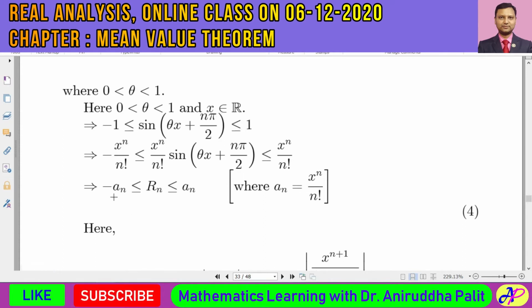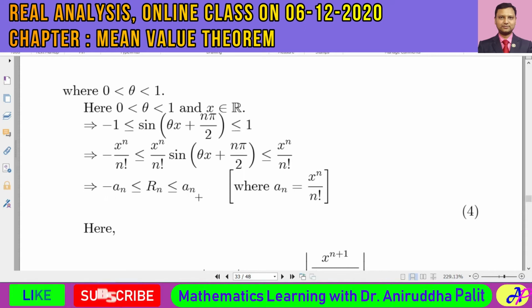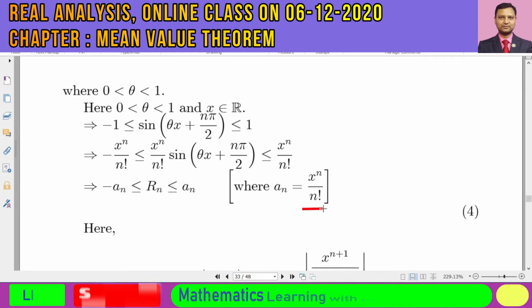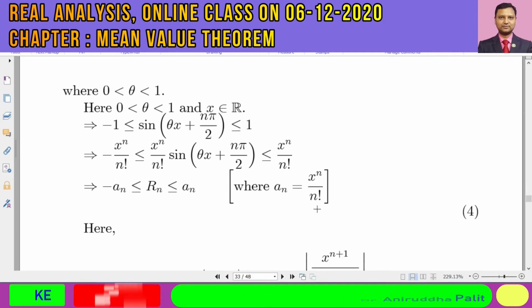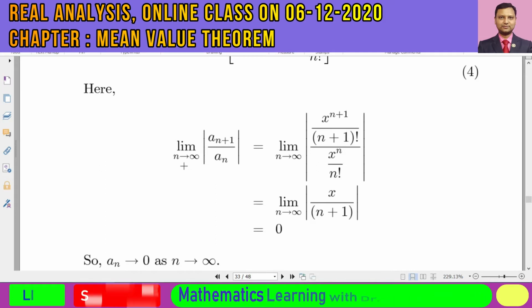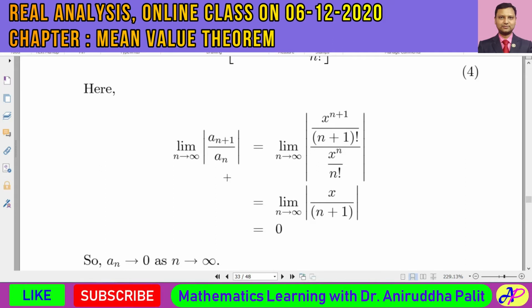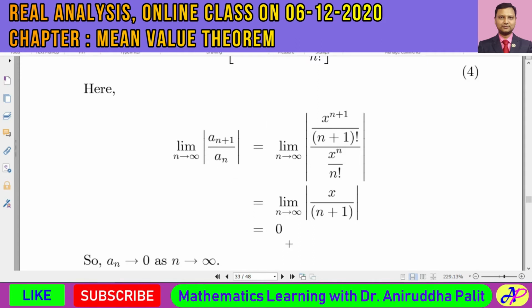So we can write this left hand side as equal to minus an, and the right hand side is equal to an. An is equal to x to the power of n by factorial of n, and this middlemost term can now be written as Rn. Similar to the previous example, we can show that the limit as n tends to infinity of the modulus of an plus 1 by an is equal to 0, which is less than 1.